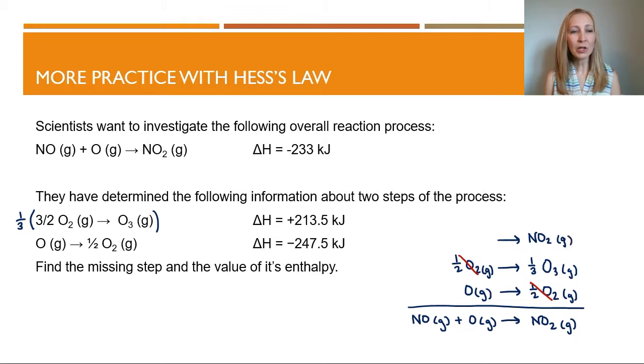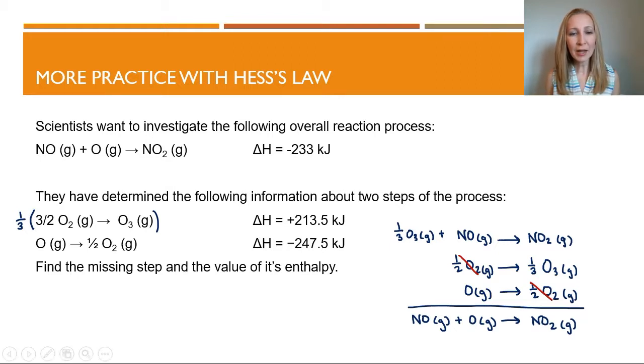So my unknown for this is going to be 1/3 O3, because I want to be able to cancel out that 1/3 O3 down in the step below it. This is a tricky problem. So I need to include that in my unknown step. And I also need to include the NO in my unknown step, and that will create NO2.